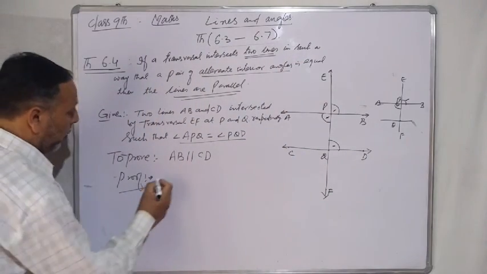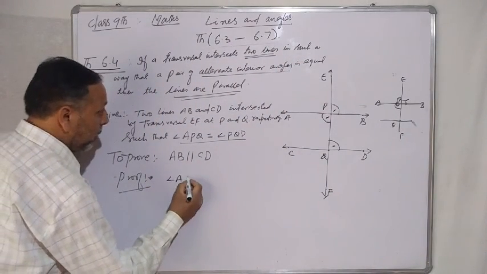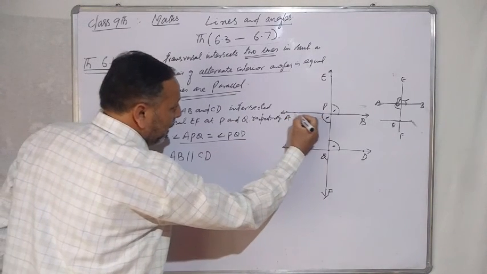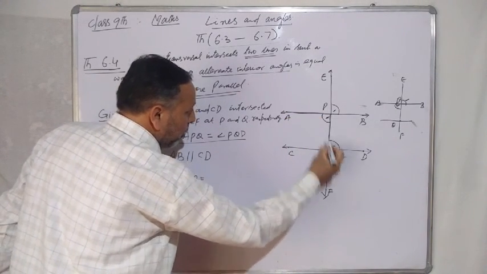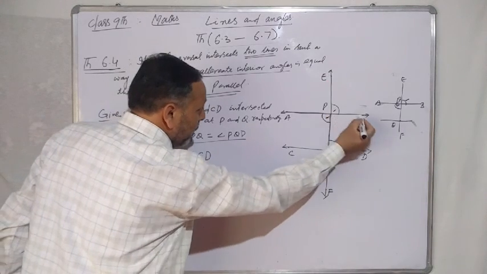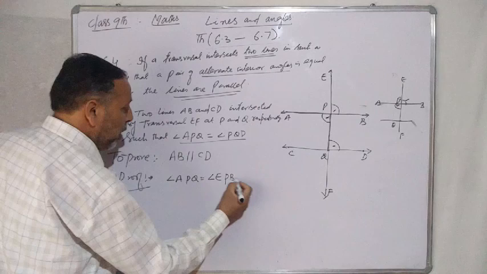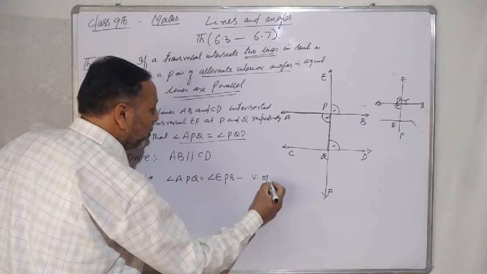Here we have angle APQ. This angle APQ is equal to angle EPB. These are vertically opposite angles.